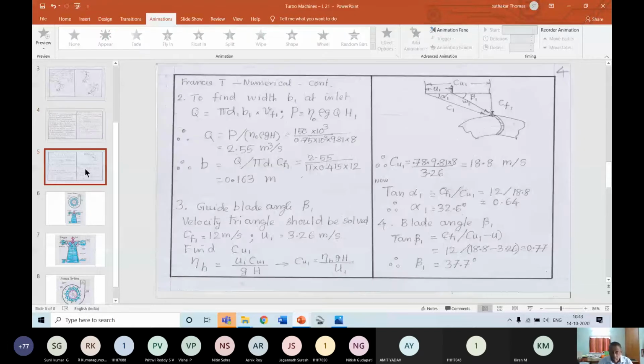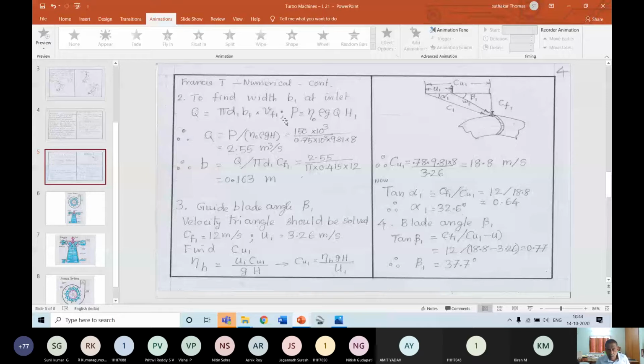Now the second part, that is to find the width B1 at inlet. So you have the flow rate equation, Q is equal to pi D1 into B1 into CF1. Sorry, we should use the notation CF1. Somehow VF1 has entered here. For velocities, we have been trying to use the notation C. So Q equals pi D1 B1 into CF1.